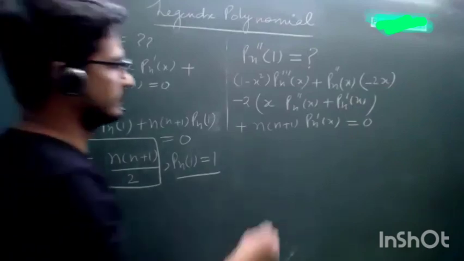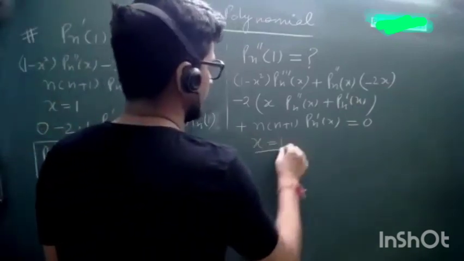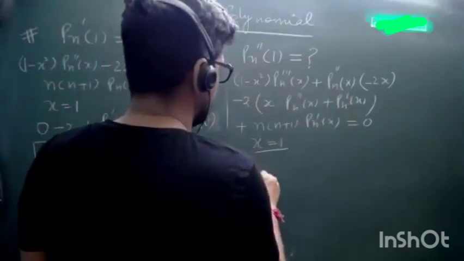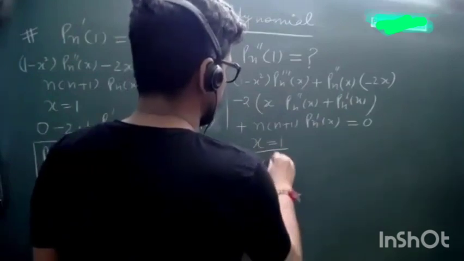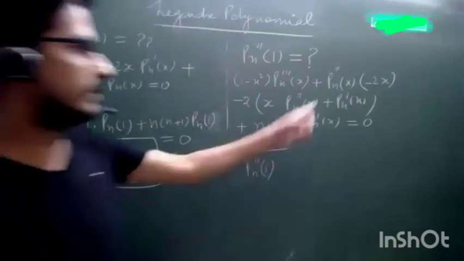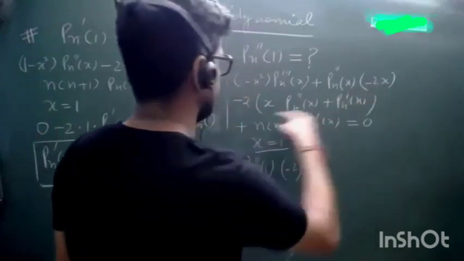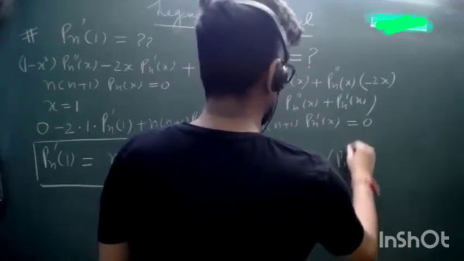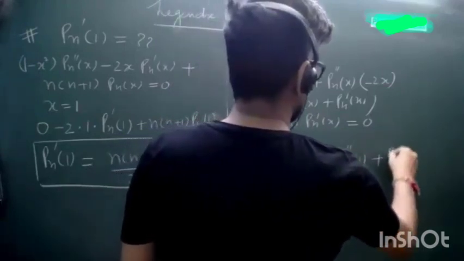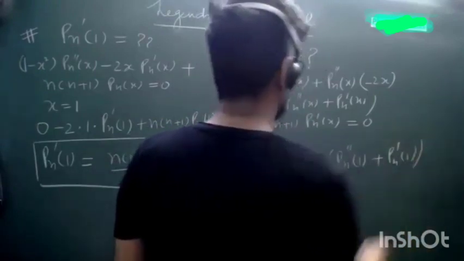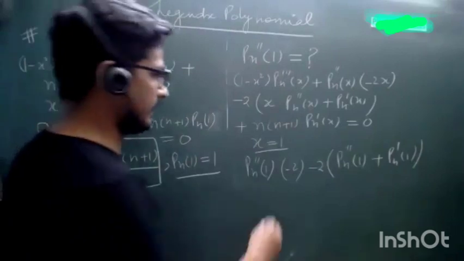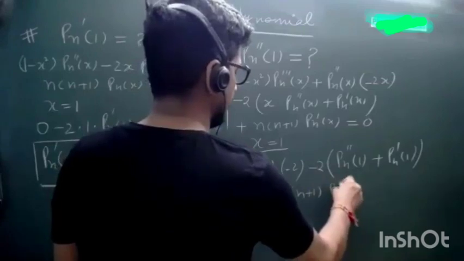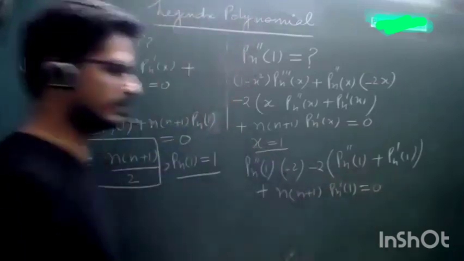Now if I put x is equal to 1, what will happen? This term will be gone, and then we will get Pn double dash of 1, which I wanted. So this will give me minus 2 into 1 into Pn double dash 1 plus Pn dash 1, which I have already calculated, plus n plus 1 Pn dash 1 is equal to 0.